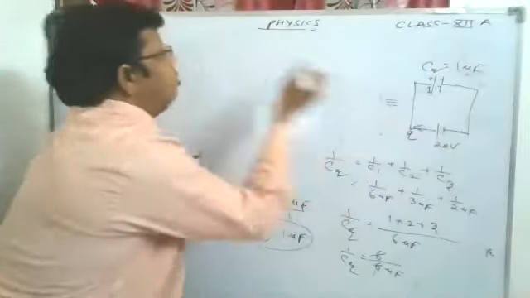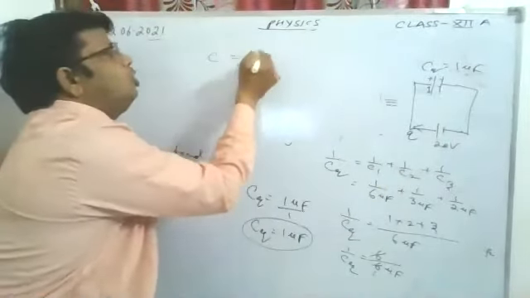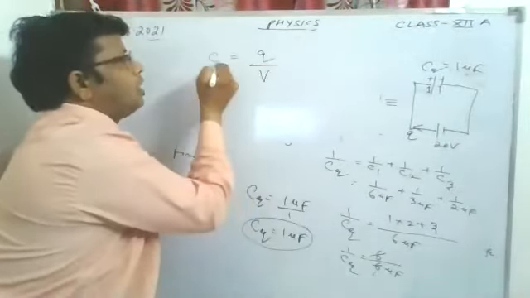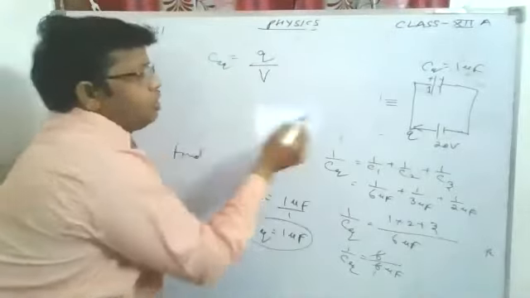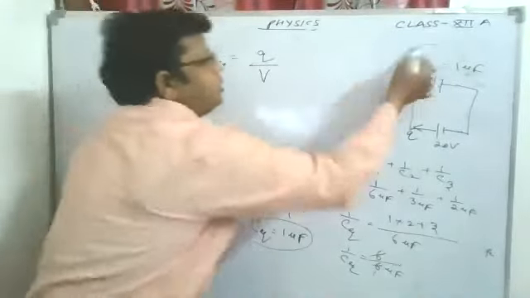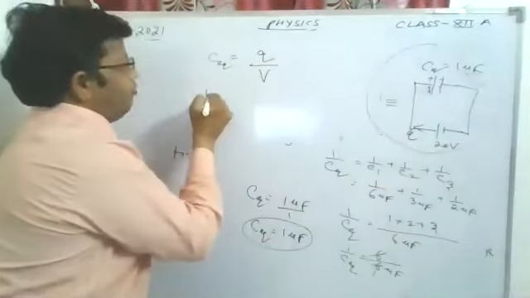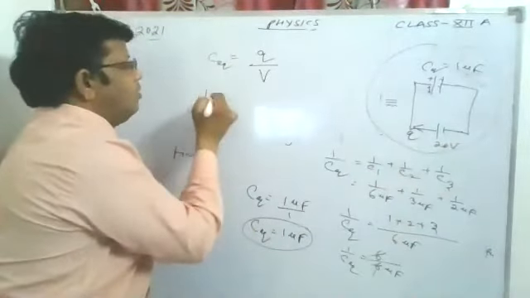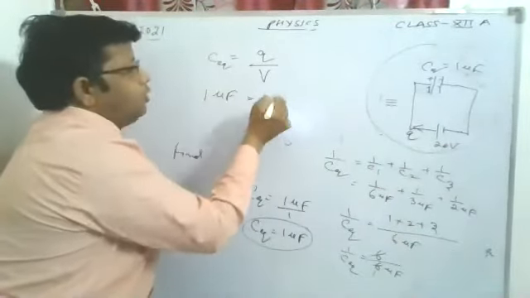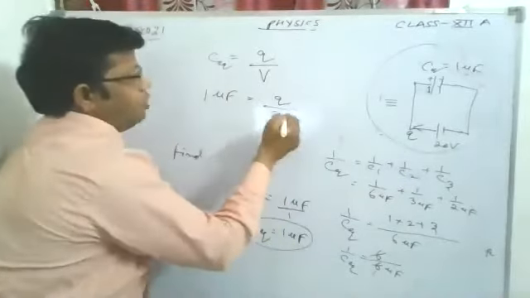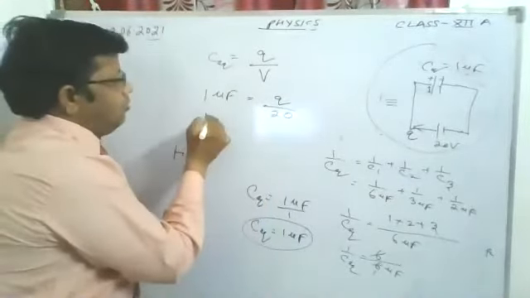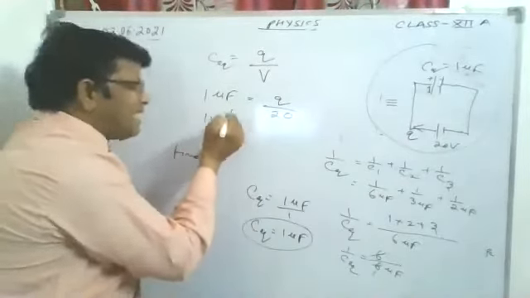Now see here, what is the value? You know the formula. C is equal to Q upon V. Here, Q equivalent. What is the capacitance of this circuit? 1 microfarad. Q, what is the voltage? 20 volt. Micro means 1 into 10 power minus 6.